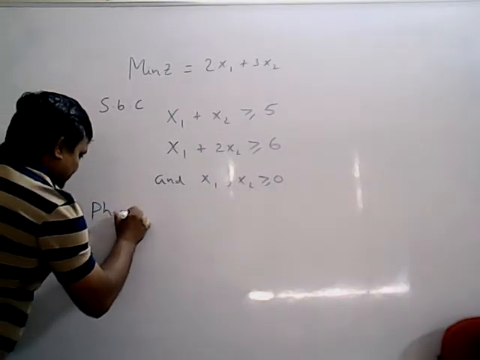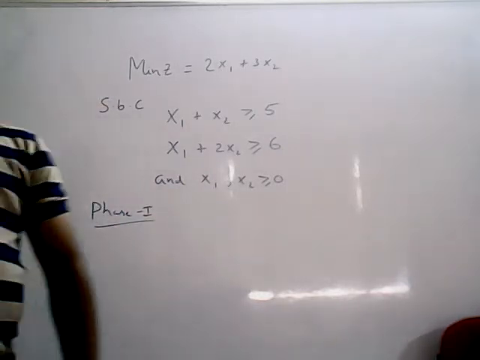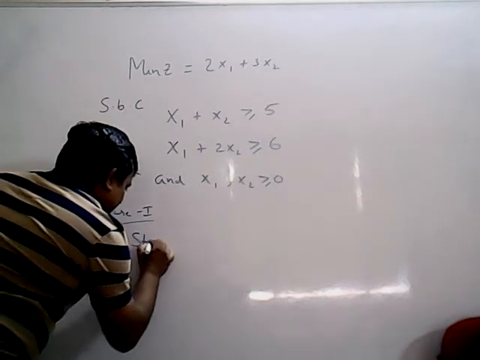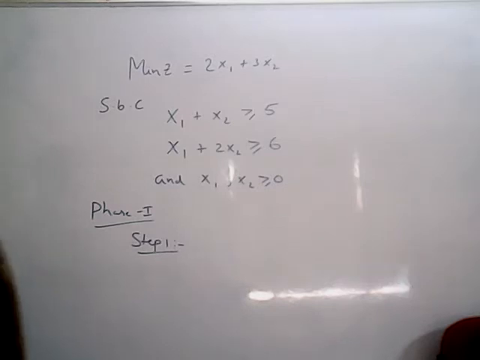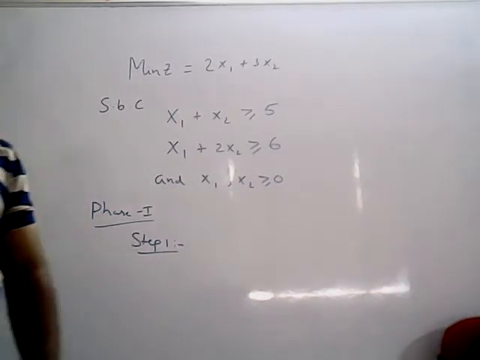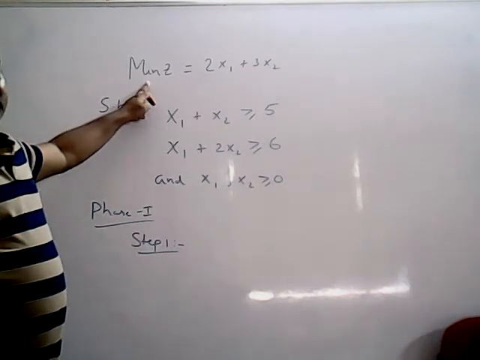Two-phase method means we are doing phase one now. Phase 1, step number 1: check whether the objective function is maximization or minimization. If it is maximization, you can ignore step number 1; if it is minimization, convert it to maximization. Now see this one, is it minimization or not? So you have to convert it to maximization.